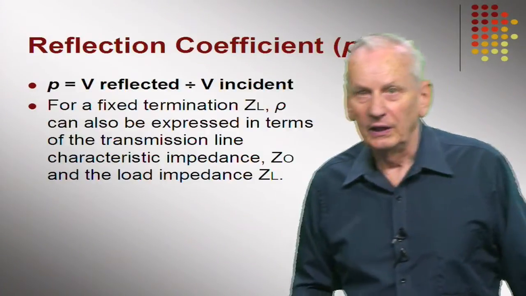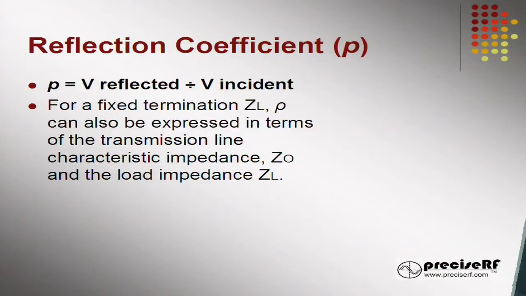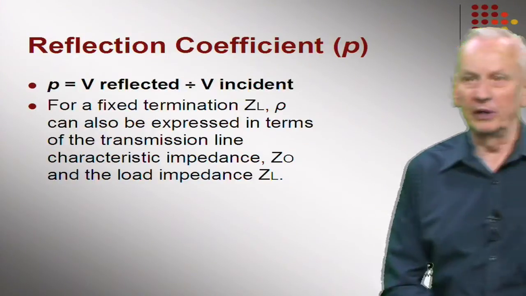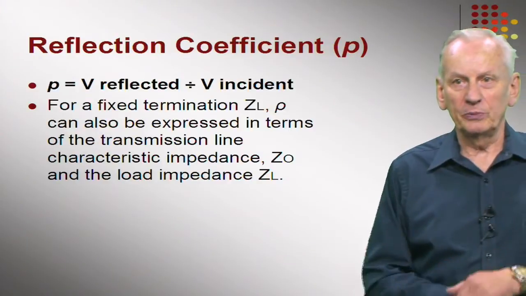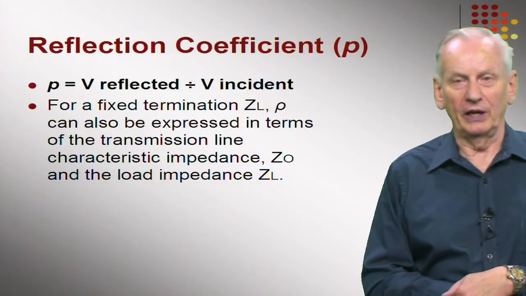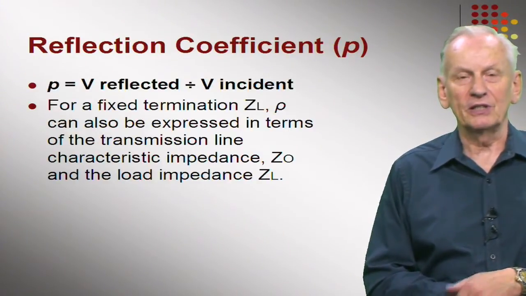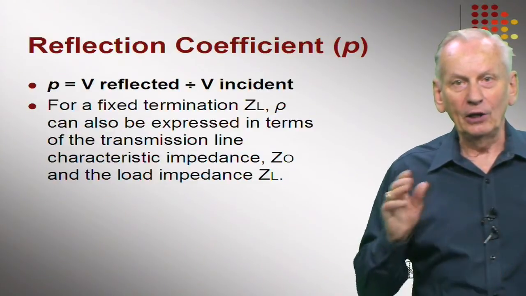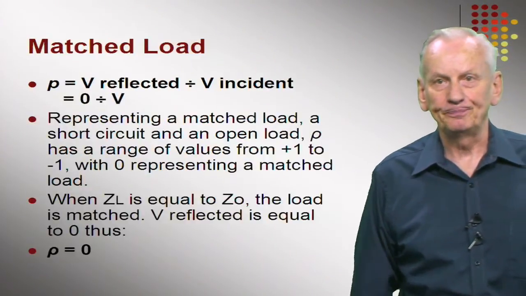Okay, here's the formula for the reflection coefficient, P. It equals V reflected divided by V incident. So for a fixed termination, ZL, P can also be expressed in terms of transmission line characteristic impedance, ZO, and the load impedance, ZL.